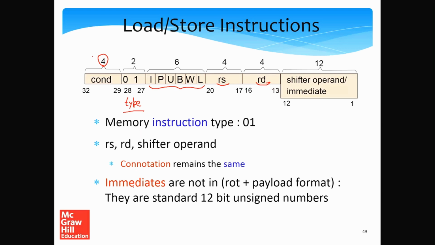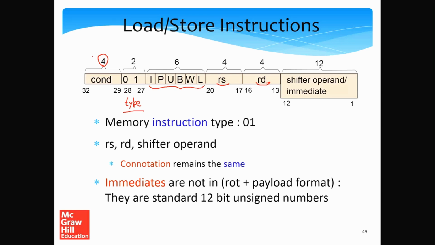And the most important thing is that immediates in the load store format are not in the rotate plus payload format. Instead, they are standard 12-bit unsigned numbers. This is an important distinction to keep in mind: these are standard 12-bit unsigned numbers, and they are not in any special format, neither are they signed numbers.